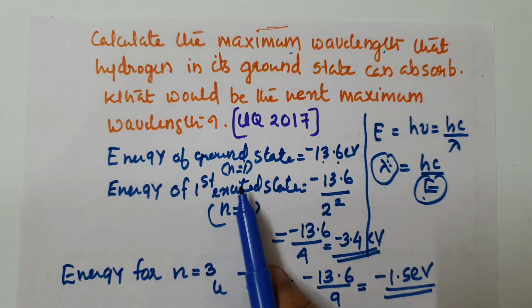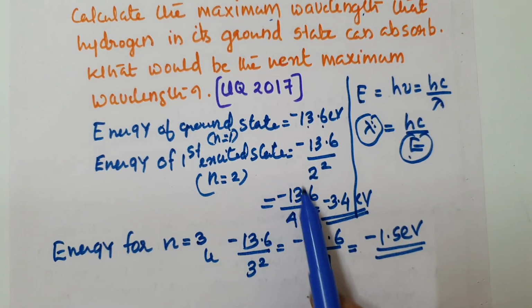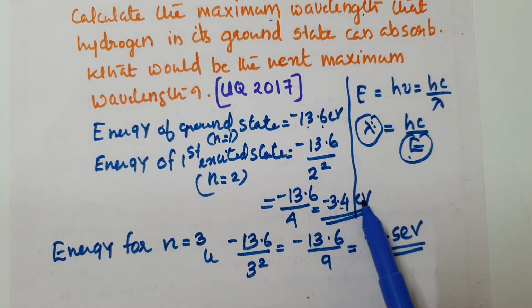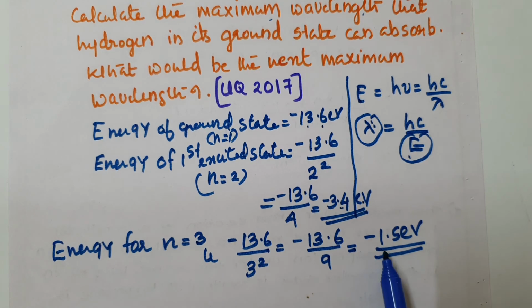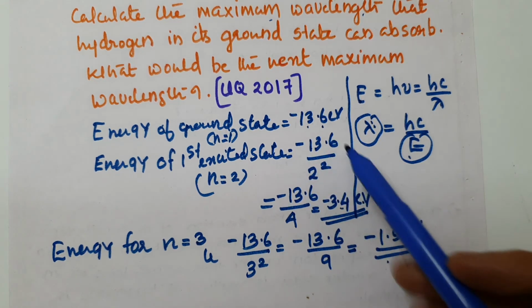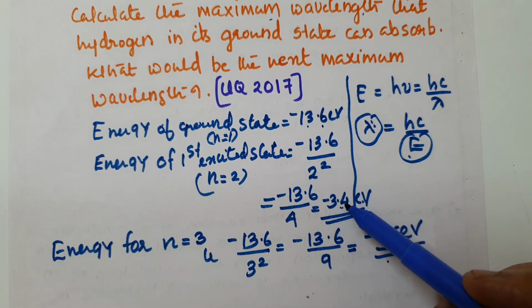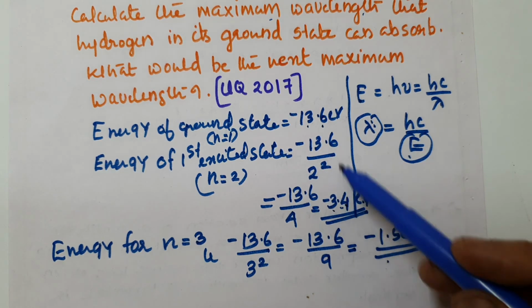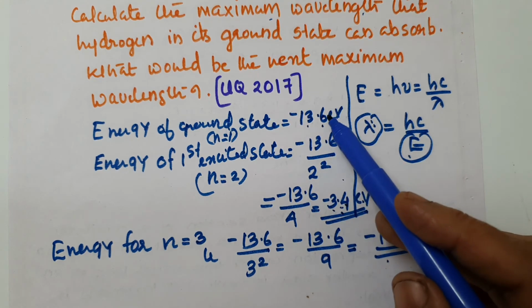So the energy for n is equal to 1 state is minus 13.6 eV, for n is equal to 2 state minus 3.4 eV, and for the third state minus 1.5 eV. Then the maximum wavelength corresponds to the energy from the ground state to the first excited state, that is between minus 13.6 and minus 3.4 eV.